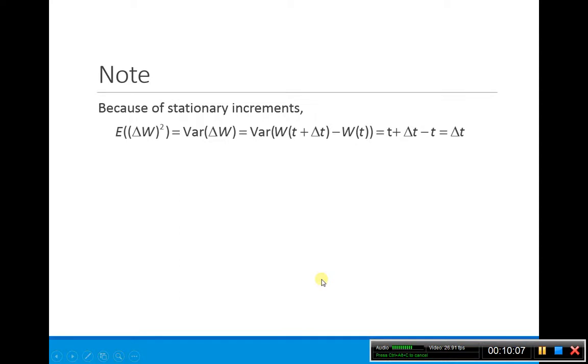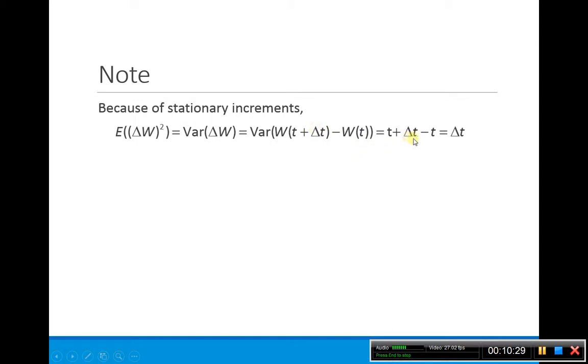Because of stationary increments, the variance of our change in W can be written as the variance of W of t plus delta t minus W of t. So this is just our change in W here. And so we end up getting the variance for W of t plus delta t.